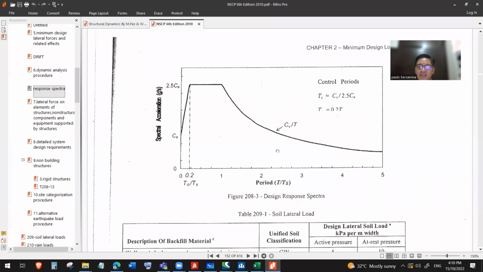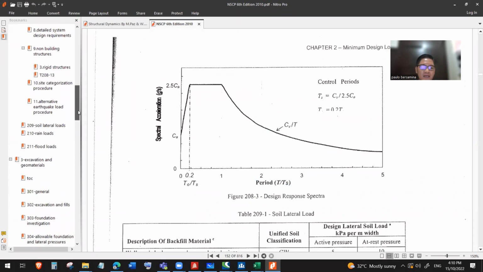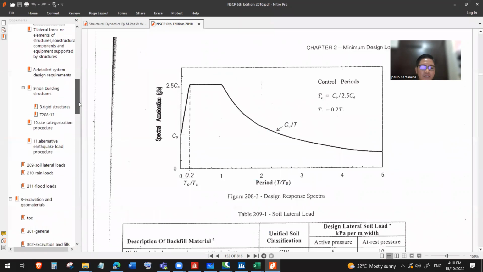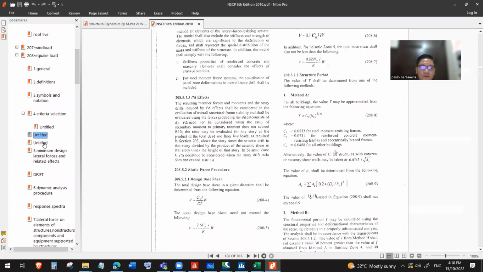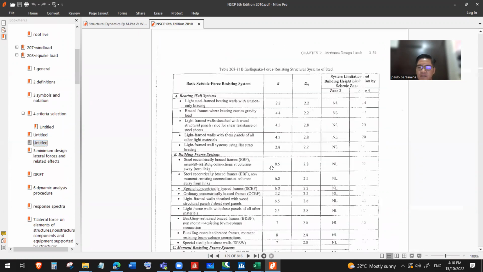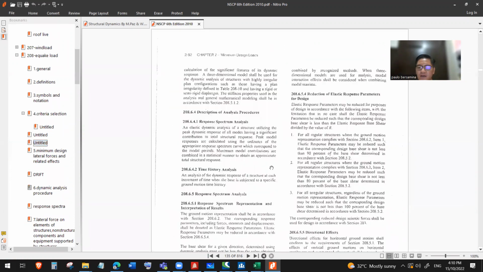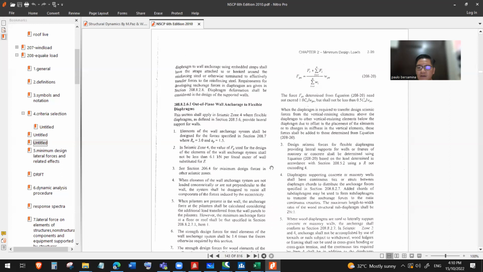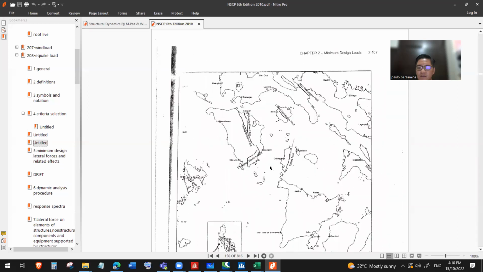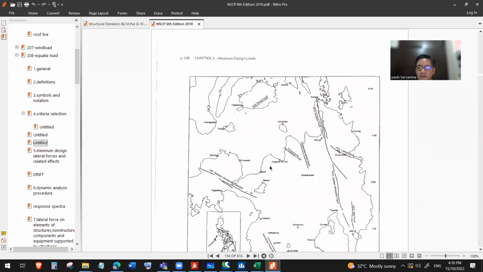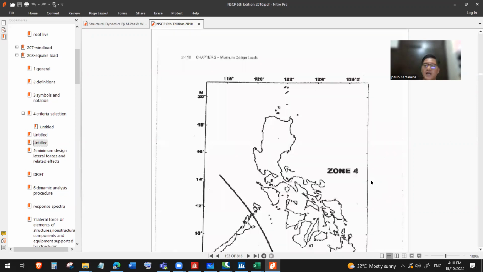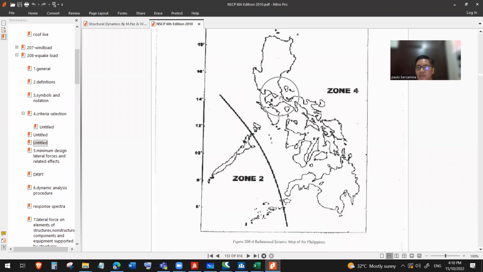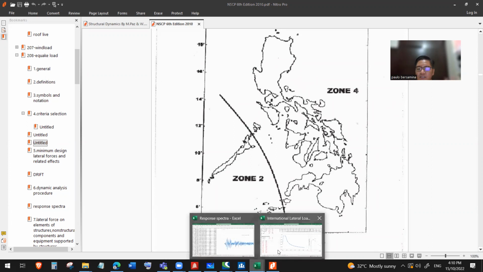Because as per our NSCP, the recommended ground motion is 0.4. That's a design PGA. Zone 4, so meaning that's 0.4 g. Okay.